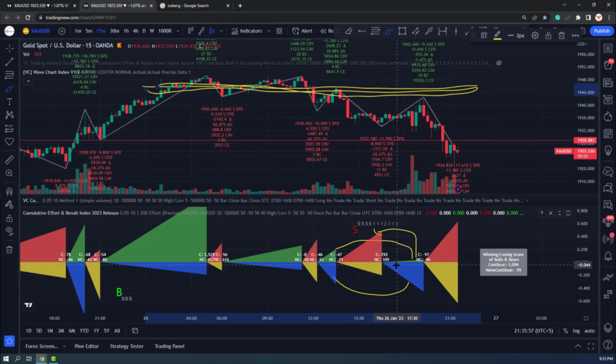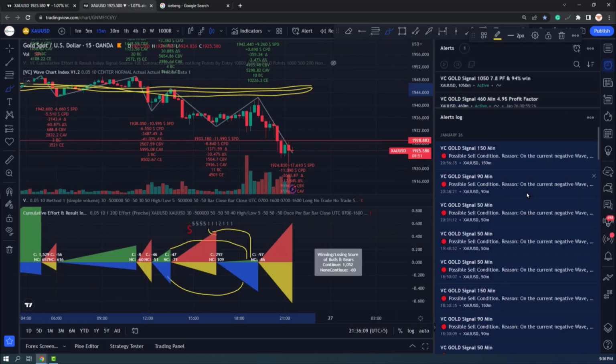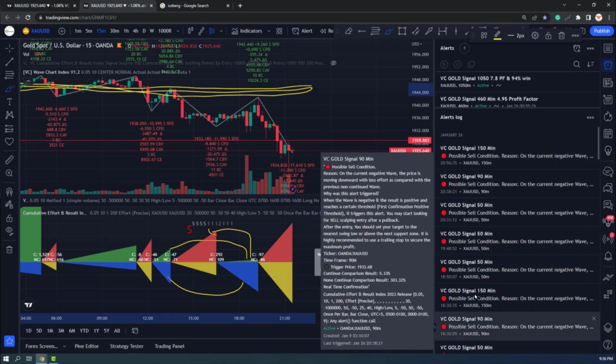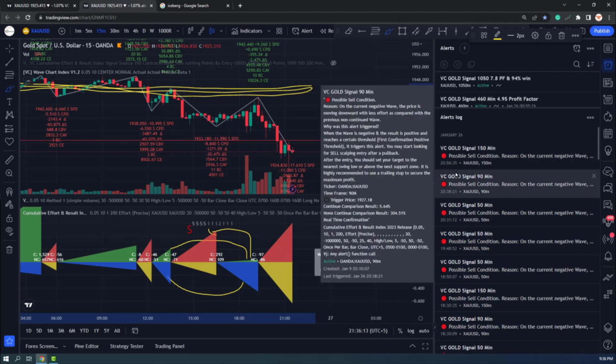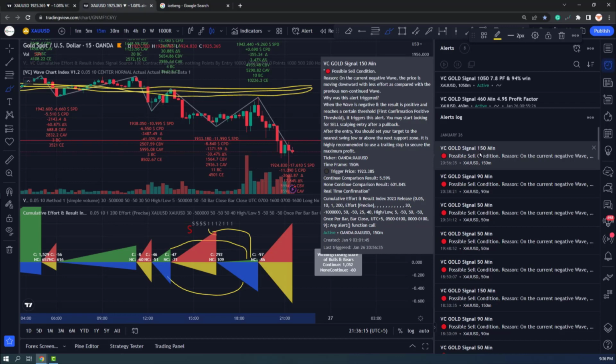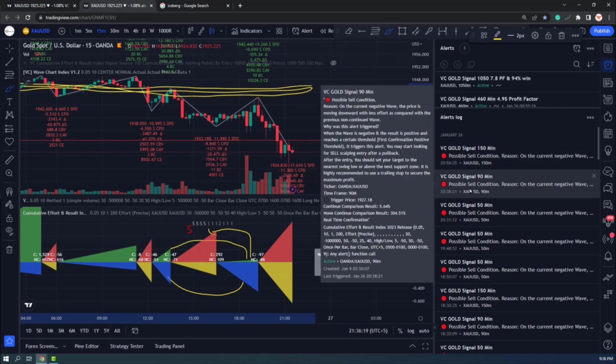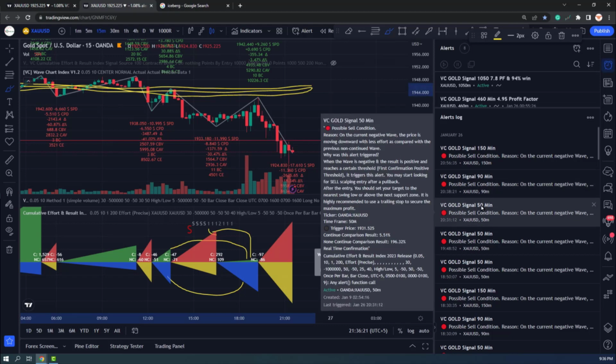Yeah. And that's why, Mr. Tahir, you see, the indicator in our signal service was telling us, okay, sell here, possible sell. You see here, lot of sell signals. In the 150-minute time frame, the price is indicating a sell. 90-minute time frame, 50-minute time frame.